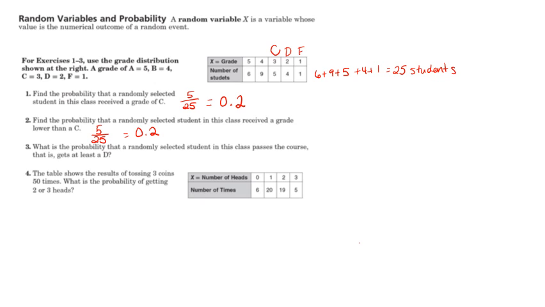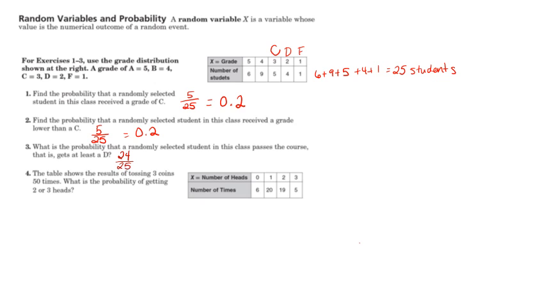What is the probability that a randomly selected student in the class passes the course, that is, gets at least a D? So there's 2 ways of doing this. We can just count up the students who had A's, B's, C's, or D's. But I find it easier to say, hey, one student got an F, so that means 24 did not get an F, did not fail.